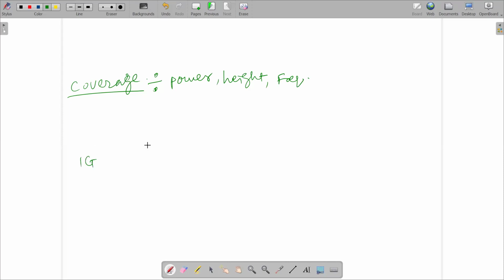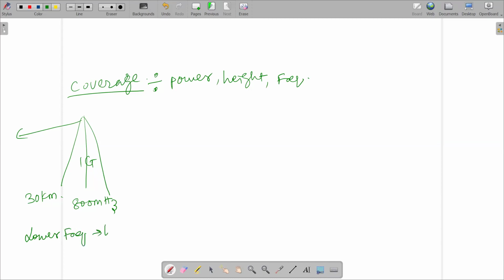If I say 1G, coverage will be a little longer in terms of kilometers. I can say coverage will be more than 30 kilometers, because at 800 megahertz, lower frequency, higher distance. The signal travels a higher distance.